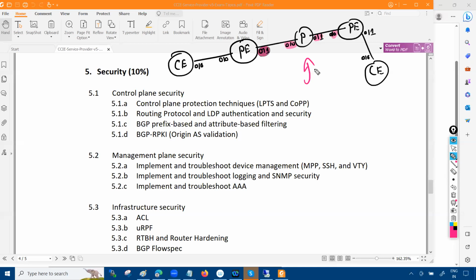Now I'll tell you one thing. Why should I run MPLS on the provider network, and why should I not run it on the customer-facing side? Why is the service provider not allowing you to run it? This is where security comes into the picture.